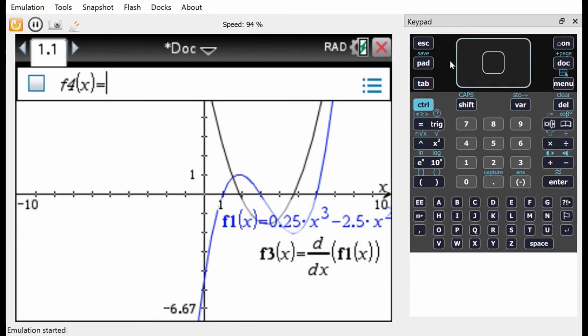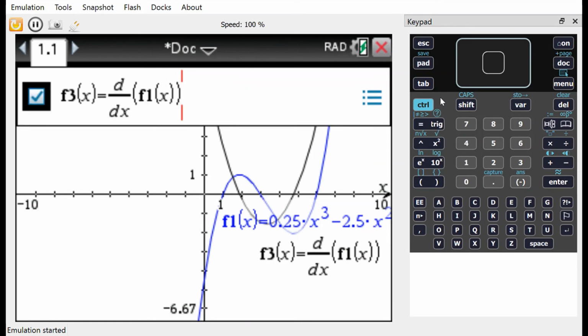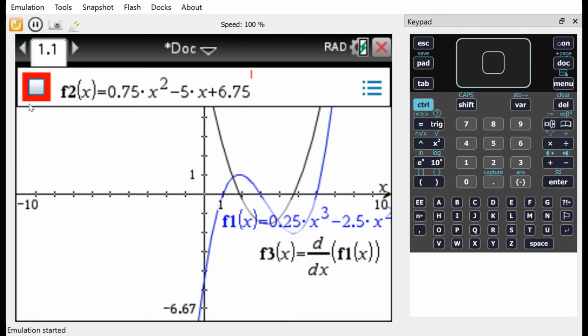So I'll show you how they are in fact the same here. You should see them overlap when I turn this on. Okay, there you go. So boom, a couple different ways to graph the derivative.